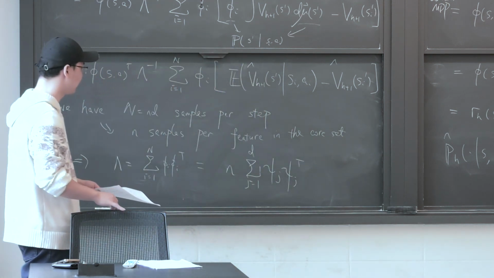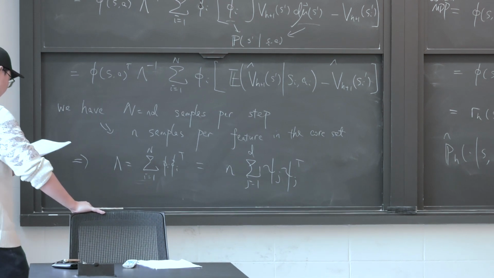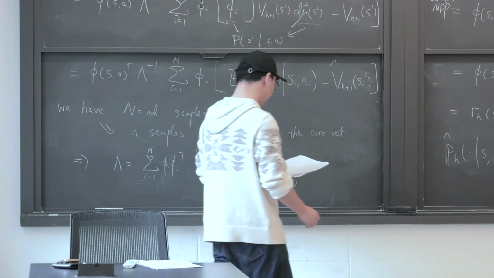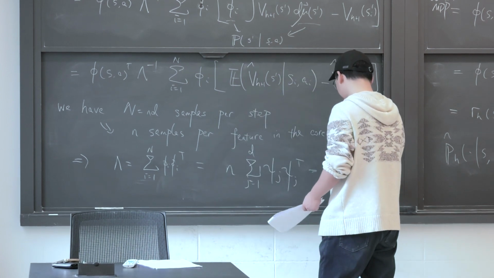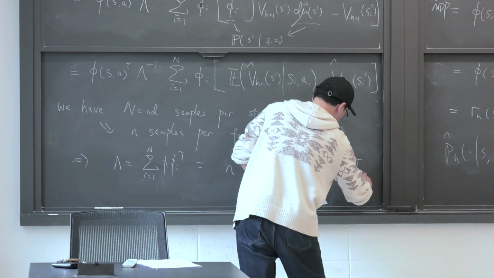We exclusively use the psi_j to be the features in the core set. And we can also say this is just equal to the matrix form representation n times psi psi transpose.